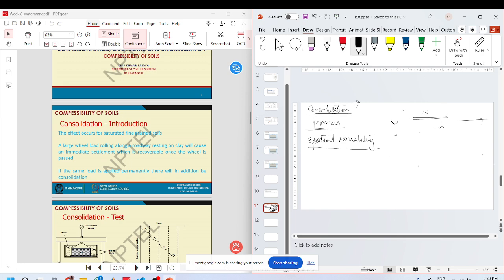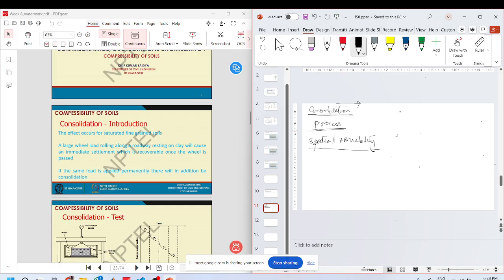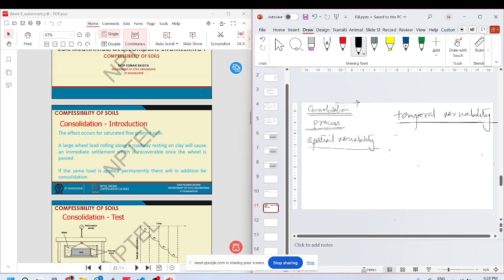So here we are talking about the spatial variability of the property. But in consolidation, we talk about the temporal variability. So basically, consolidation is a time dependent process.